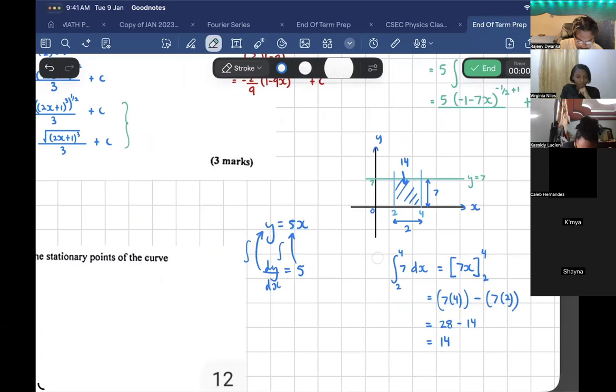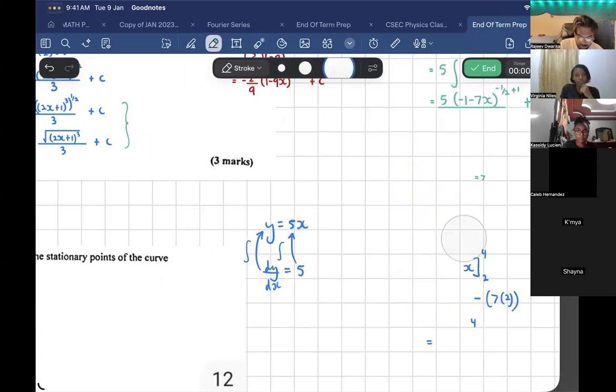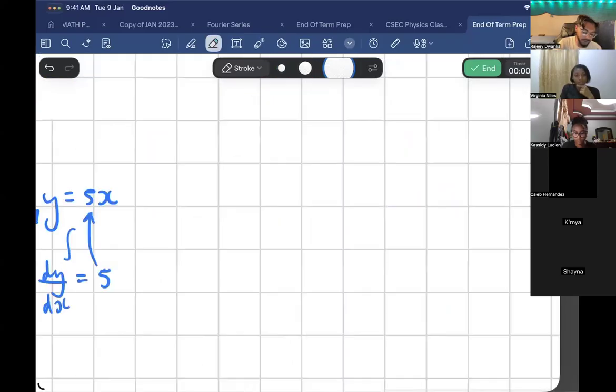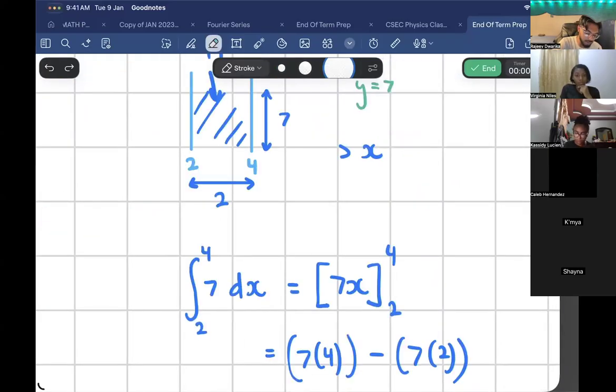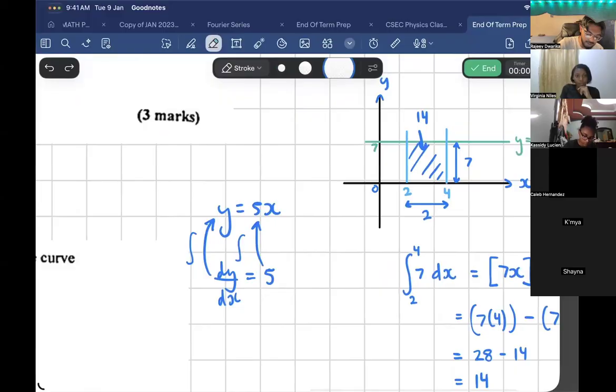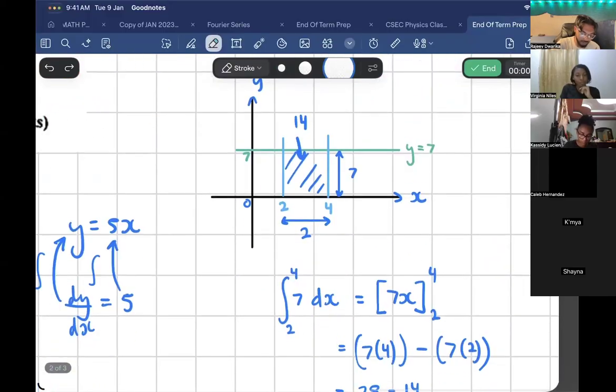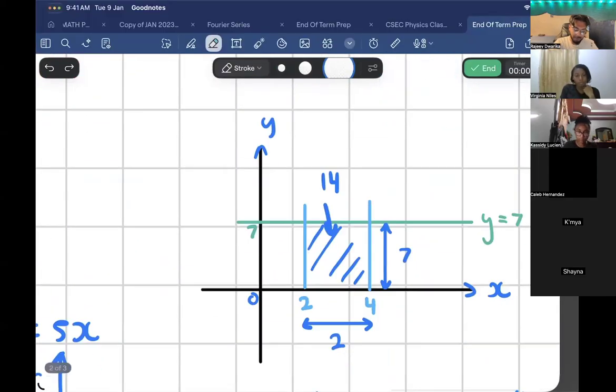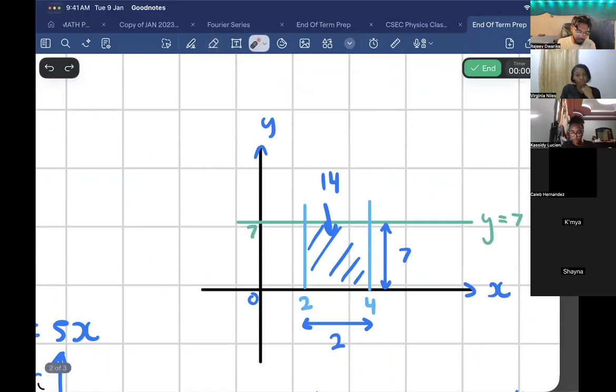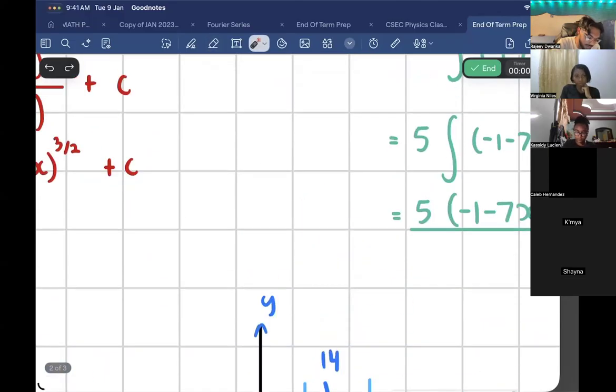So that's basically a hack to do it fast. It depends on what kind of function you get, right? Obviously, this was an easy function, y is equal to 7. And obviously, not all shapes will be uniform like this. So let me give you an example.